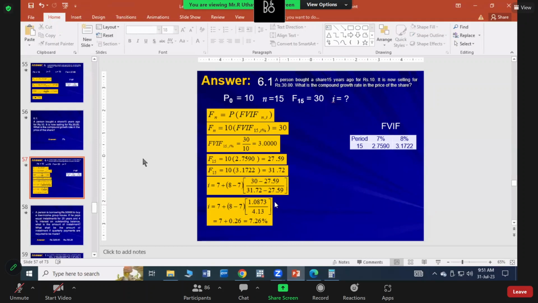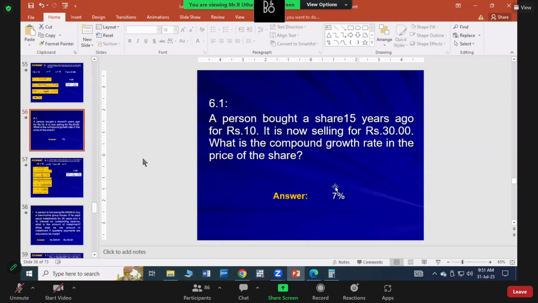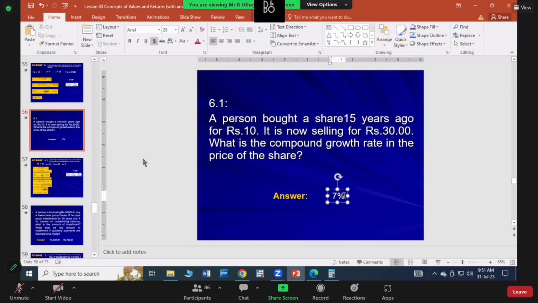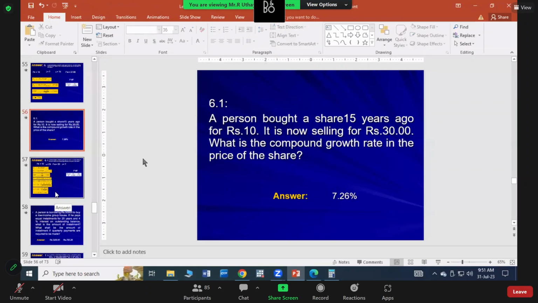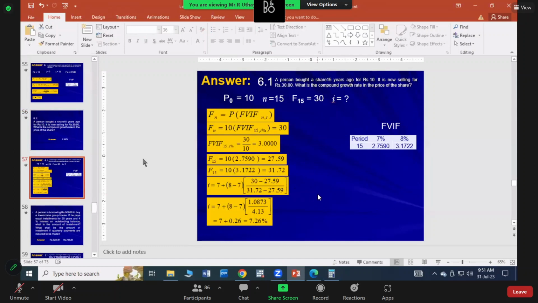So you can get the answer for this question, 7.26%. So this is done by the linear interpolation method, right?